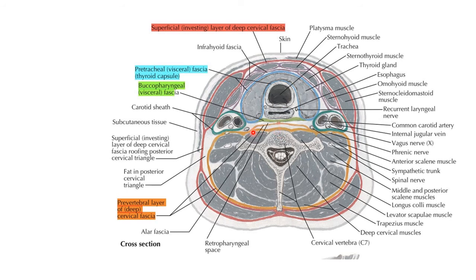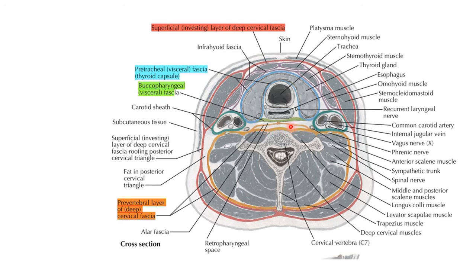So another space: the prevertebral fascia divides into an anterior layer, which is called the alar fascia, and the posterior part is called the prevertebral fascia. There is a potential space between the alar fascia and the prevertebral layer.